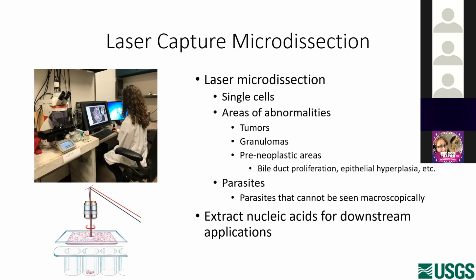And then consequently, you can use these sections to extract nucleic acids. With our laser microscope, you can place the microcentrifuge tube in a little rack that's outfitted on the microscope, and then you cut out your section and the tissue drops down into the cap of the microcentrifuge tube, and then you can extract DNA or RNA.